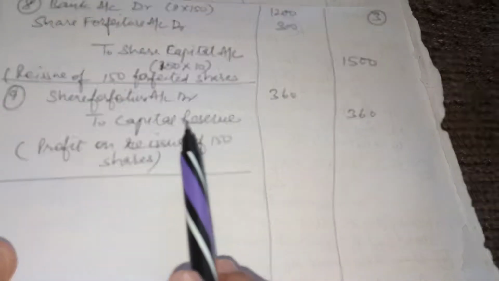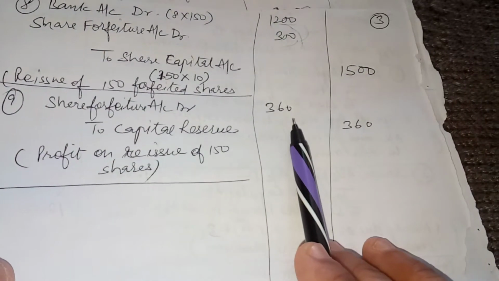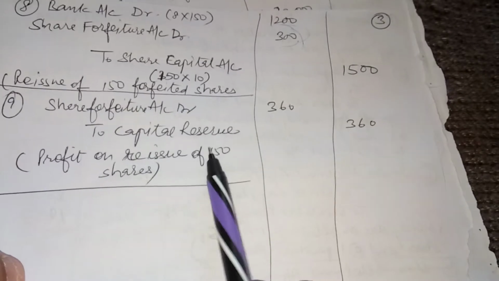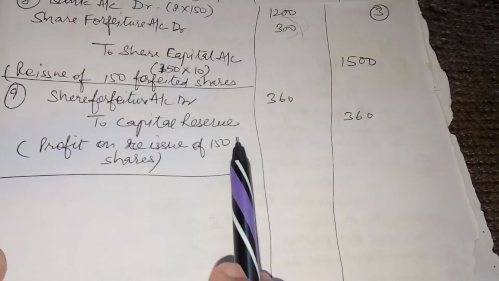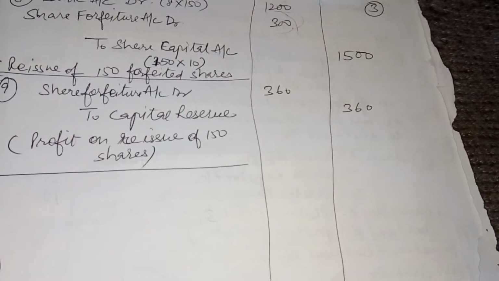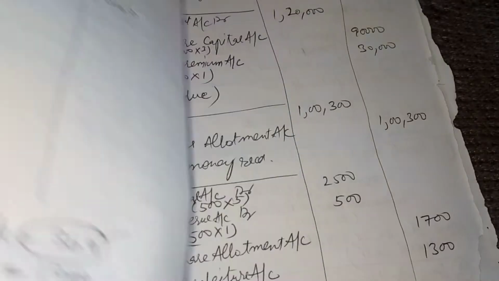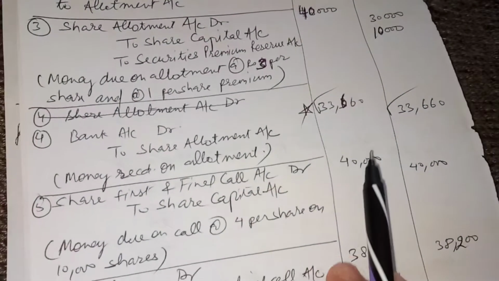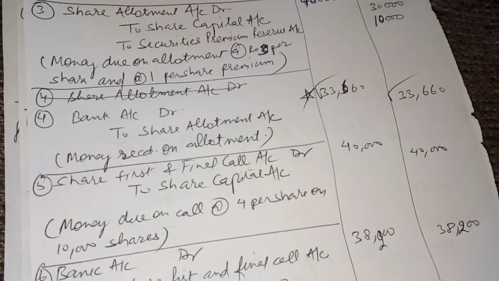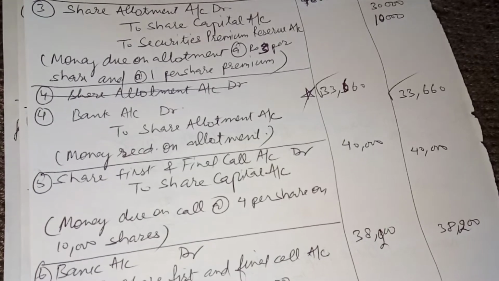So here the entry will be share forfeiture account debit 360 to capital reserve 360, being the profit on the reissue of 150 shares transferred to capital reserve account. So this is how these questions are done. This was the first example to make the reissue of shares clear.